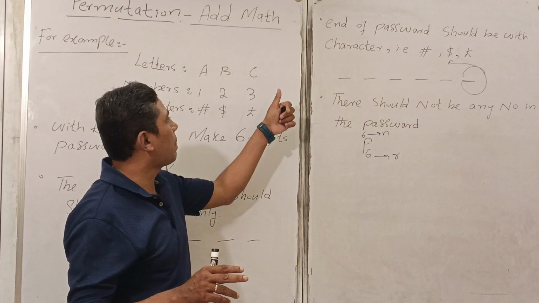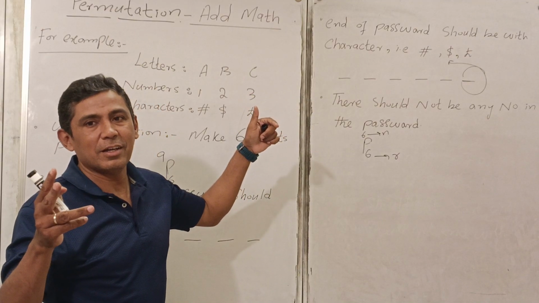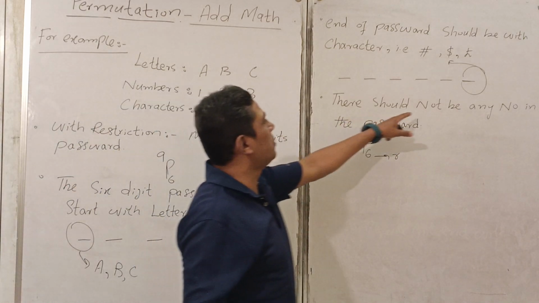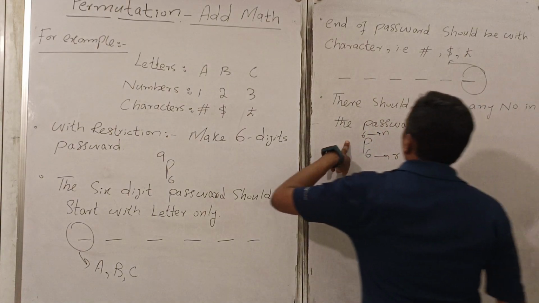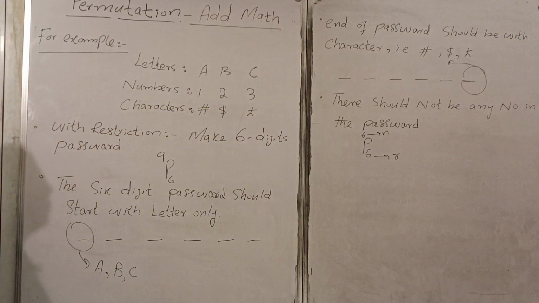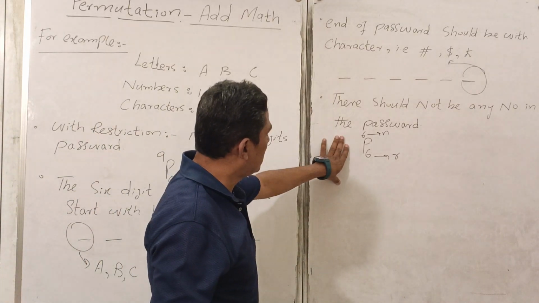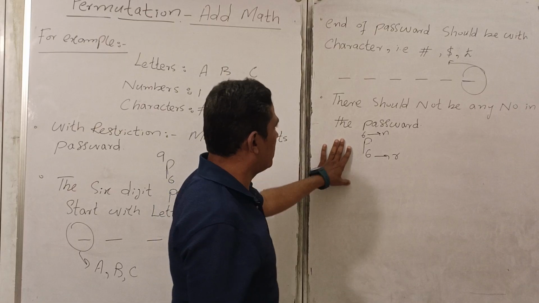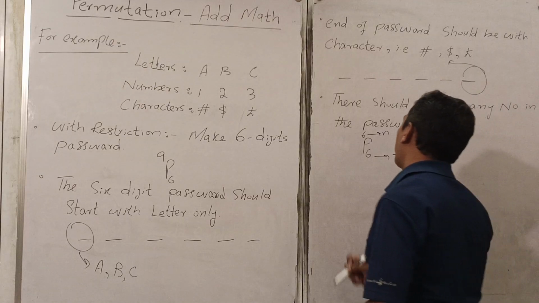Characters are 3. No, there should not be any numbers in the password. Clear? पासवर्ड में कोई नंबर इंक्लूड नहीं होना चाहिए. तो टोटल नंबर्स आर 6. Total numbers are 6.